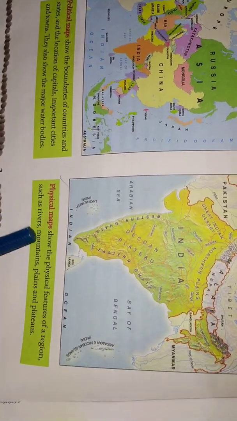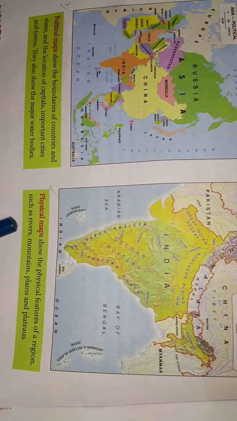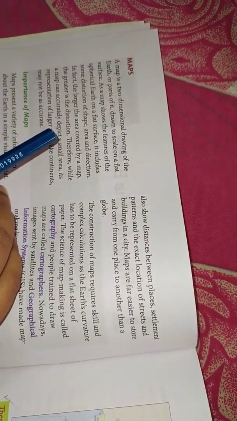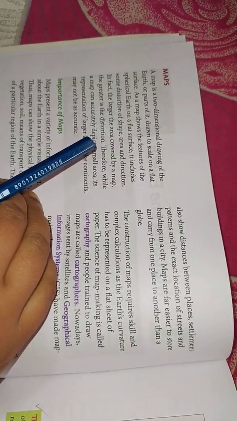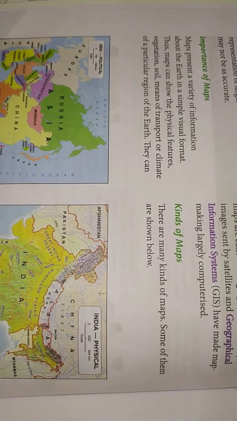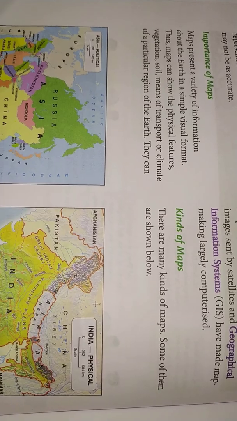Physical maps show the physical features of a region such as rivers, mountains, plains and plateaus. Thematic maps show things like the distribution of crops, minerals, and natural vegetation within a region.